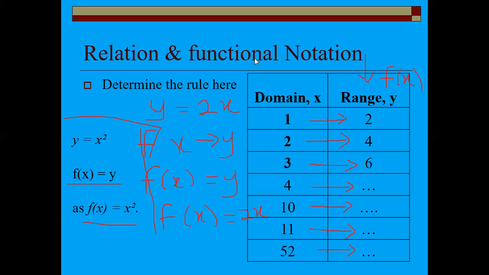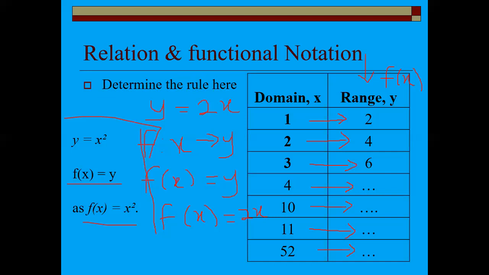Is that true? No, sir. 10 will map to 20. Then 11 will map to what? 22. 11 will map to 22. And then 52 will map to 104. Is it 104, right?